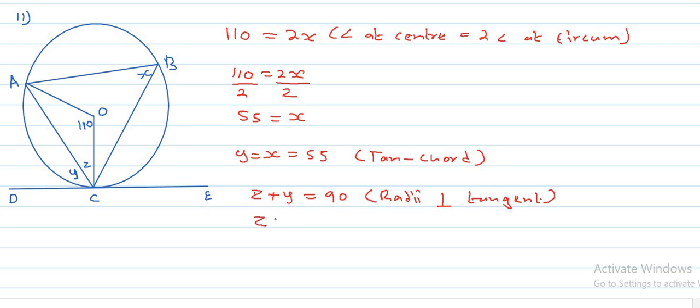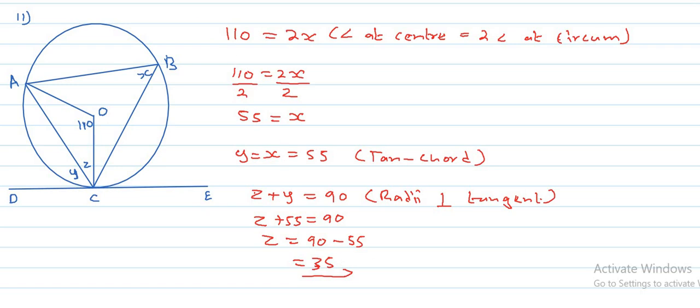We're going to say z plus 55 equals 90. Z will be equal to 90 minus 55. The value of z will be equal to 35 degrees. That will be all for number 11.